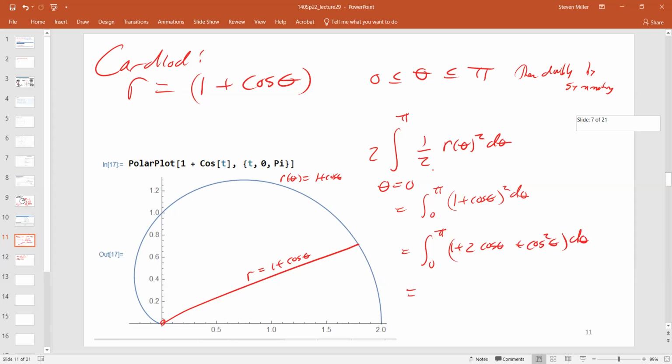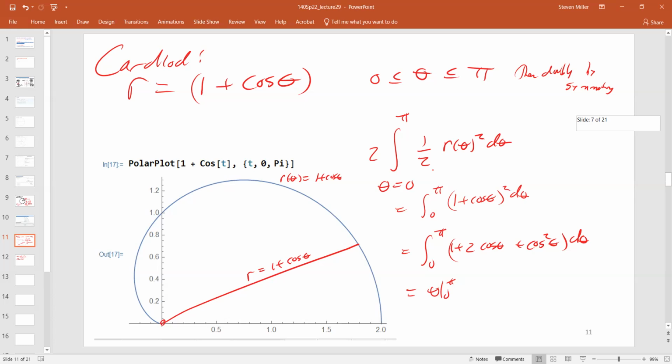Some of these integrals are actually pretty easy. What's the integral of 1 from 0 to pi? It's theta, and then we evaluate at 0 and pi. What about 2 cosine theta? What function has derivative cosine theta?